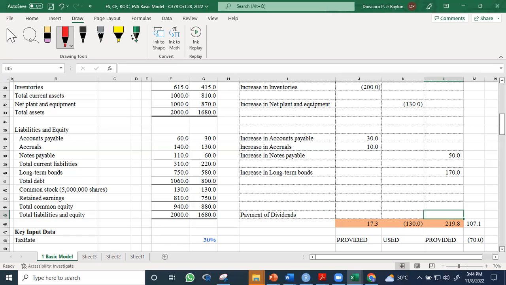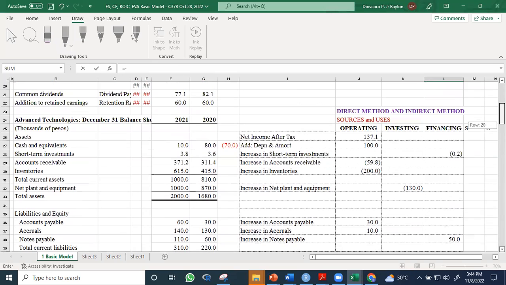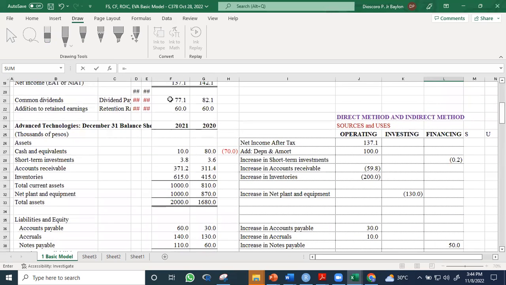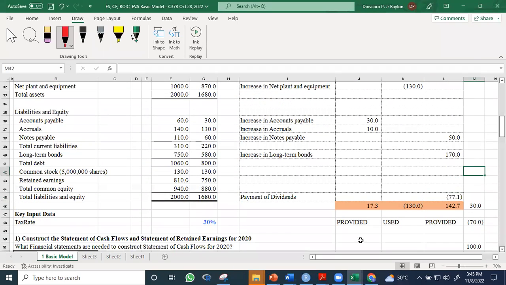Sinabi ko na kanina na use of cash yan, kasi magbabayad yung company ng dividends sa shareholders. So gagawin nating negative to kasi yung dividends dito hindi naka-negative, no? Negative 77.1. There you go. Payment of dividend 77.1. So mababago si financing.